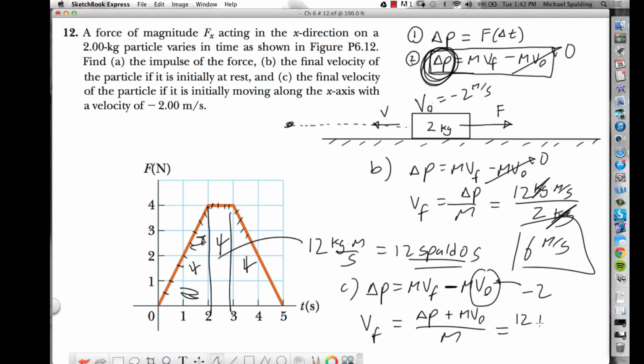That's 12 plus 2 times 2... I left the units off. Bad, bad, bad. I'm almost out of room, though. Mass is 2. So this comes out as 4. If the initial velocity is 2 meters per second to the left, then the final velocity will be 4 meters per second to the right, because notice it comes out positive. Okay?